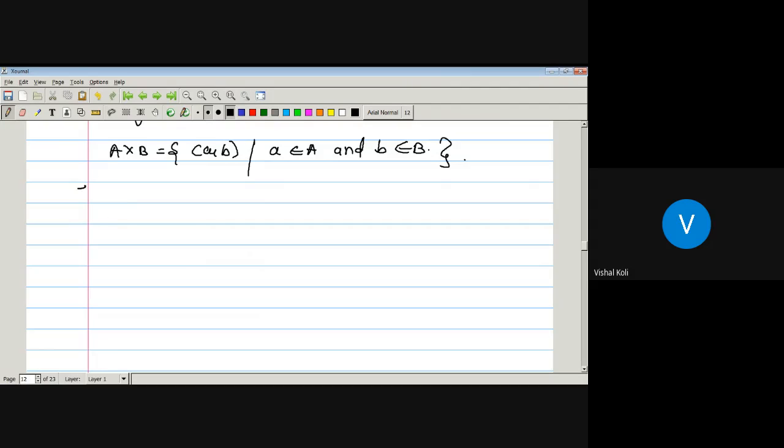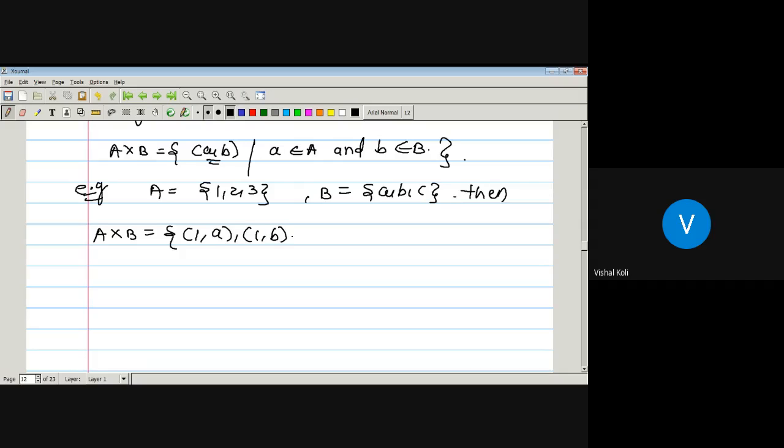Okay, for example, let A equal {1, 2, 3} and B equal {a, b, c}. Then the Cartesian product A cross B contains the collection of distinct ordered pairs: first we take (1, a), (1, b), (1, c), (2, a), (2, b), (2, c).